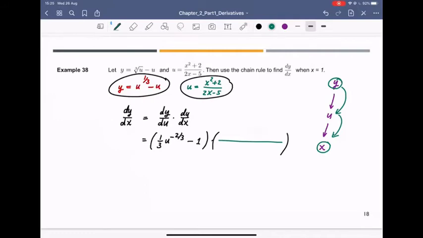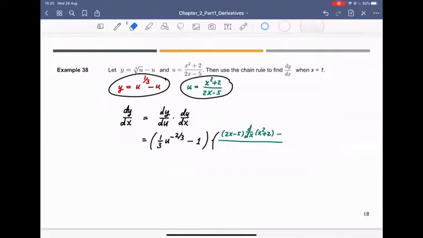So this is going to be 2x minus 5, and then I need to differentiate x squared plus 2, minus x squared plus 2, and then you differentiate 2x minus 5. I am trying to go slow for you. If you can go faster than me, that is very good. Some of you are going to say that you can differentiate x squared plus 2 easily. So can I just say this is 2x?